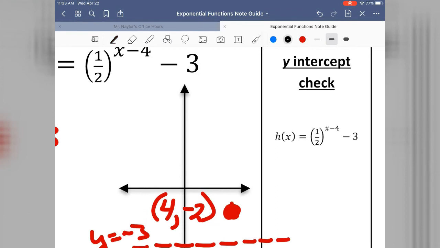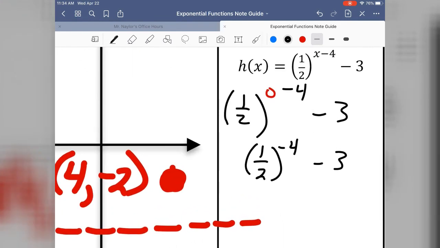You see, if you plug in 0, like you can always do for a y-intercept, you have yourself a little math problem you can work out. And it turns out that 1/2 to the -4 is the same as 2 to the +4. Remember, all you have to do is flip the base when you have a negative exponent.